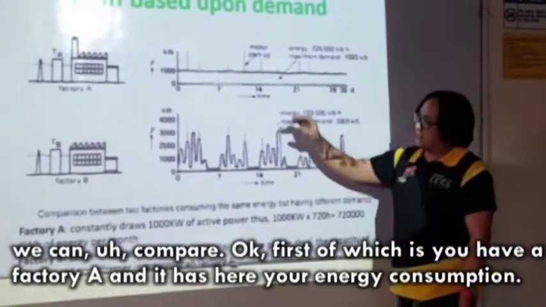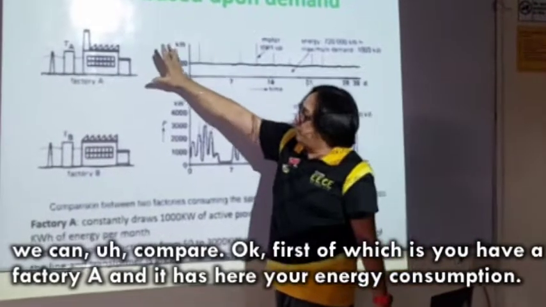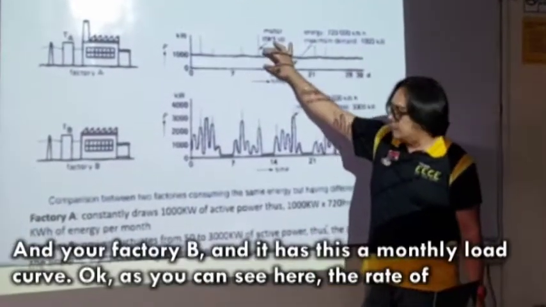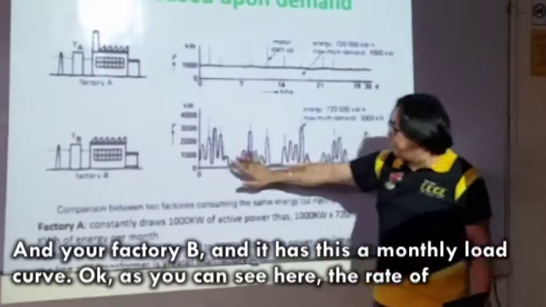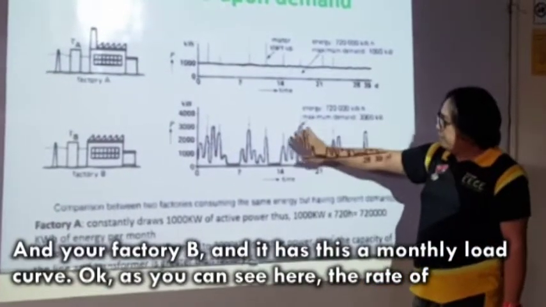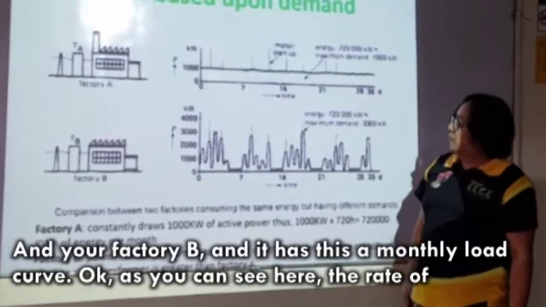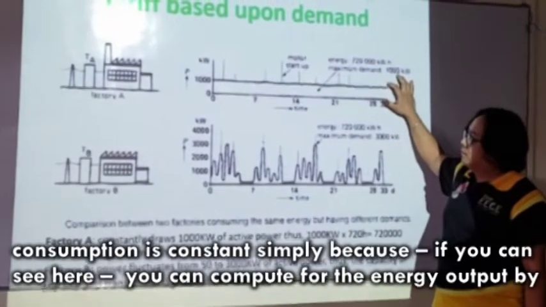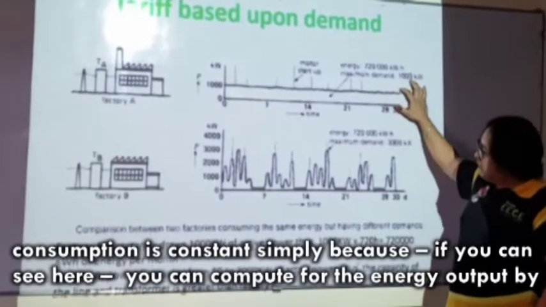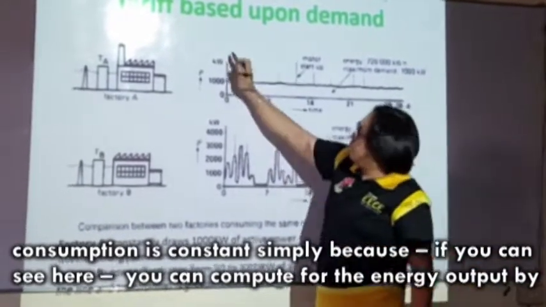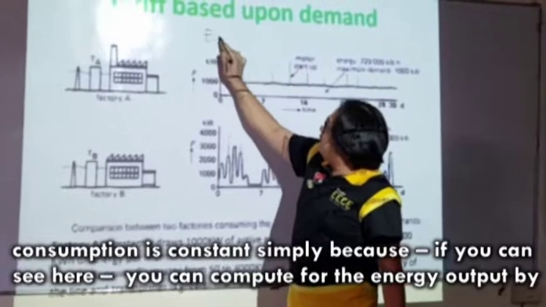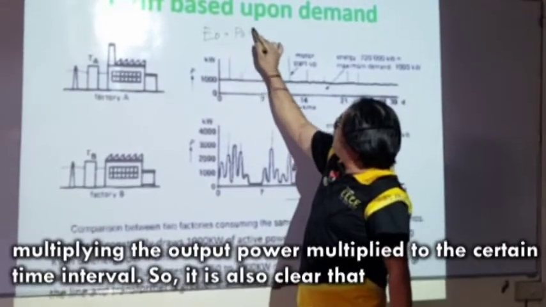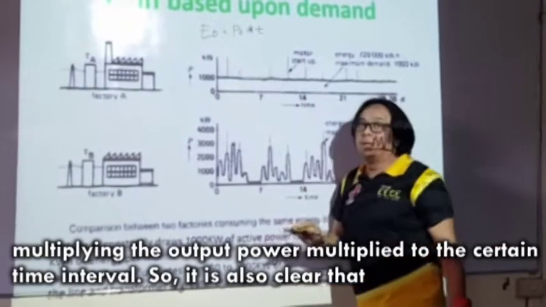First, you have factory A, and it has your energy consumption. You have factory B, and it has a monthly load curve. As you can see here, the rate of consumption is constant, simply because you can compute the energy output by multiplying the output power by a certain time interval.